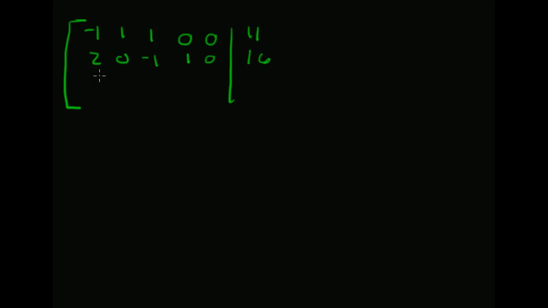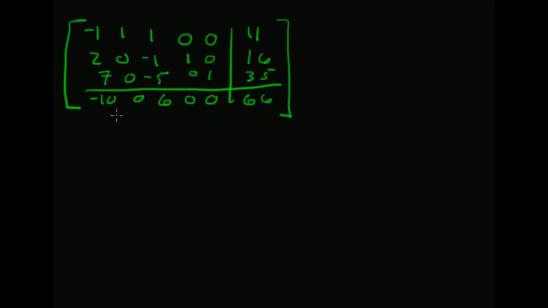Yep. 7, 0, negative 5, 0, 1, 35, and the objective function is working out here to negative 10, 0, 6, 0, 0, 66. Okay, so we have this identified as x1, x2, s1, s2, s3. These are now x2, s2, s3, and this is still z down here.